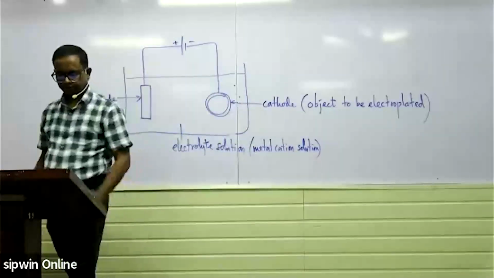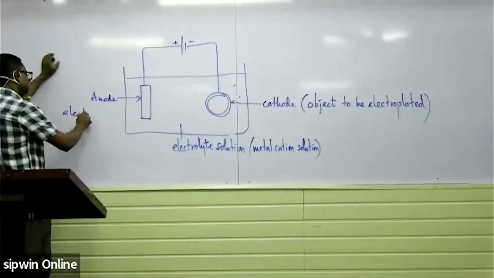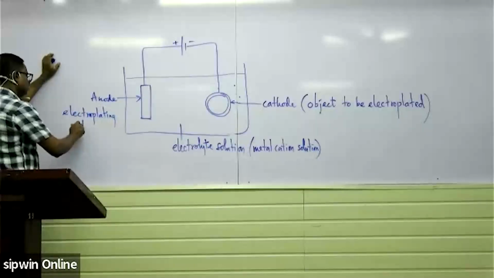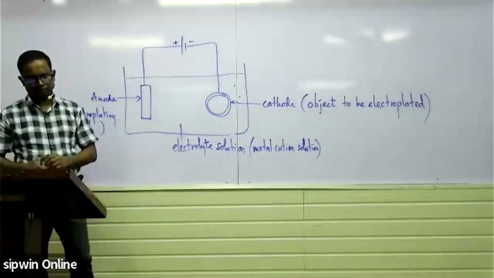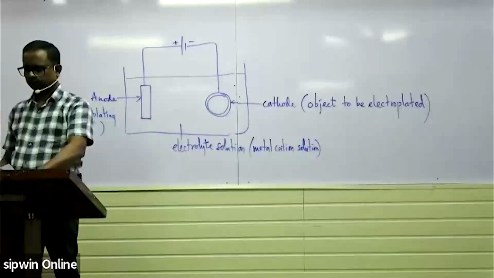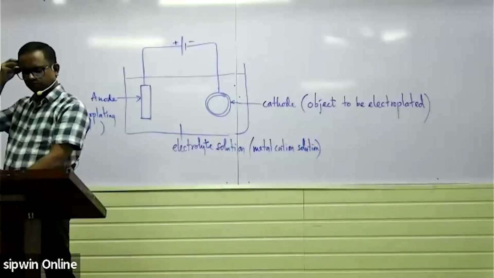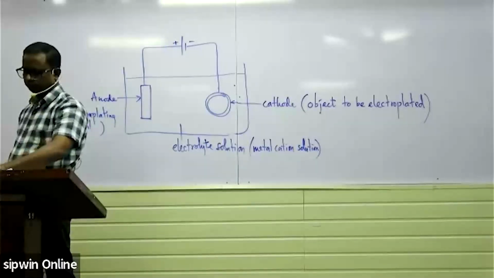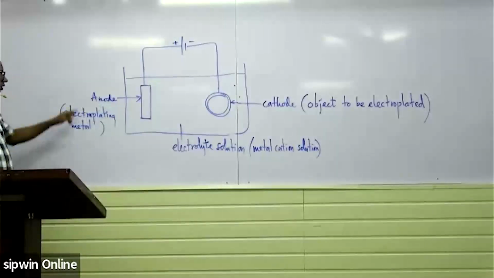Metal cation solution. Anode made out of electroplating metal.